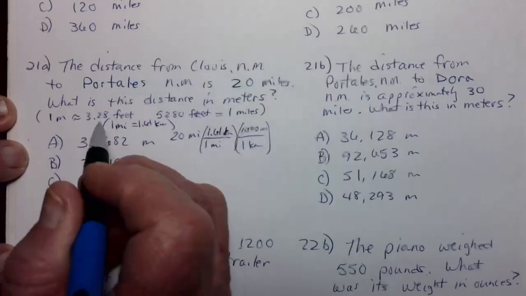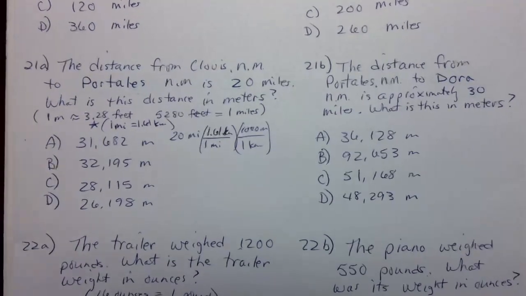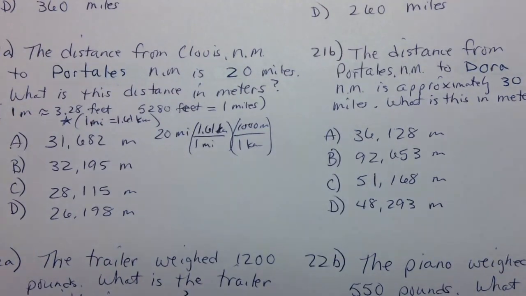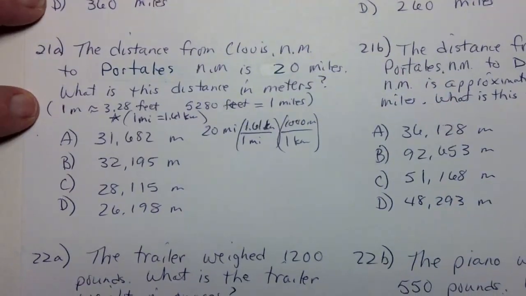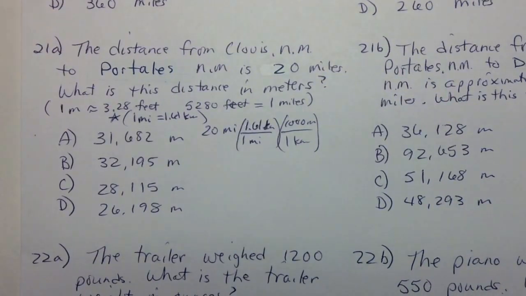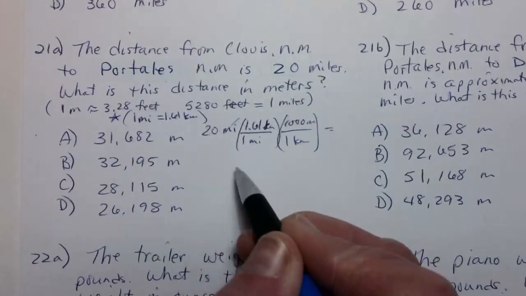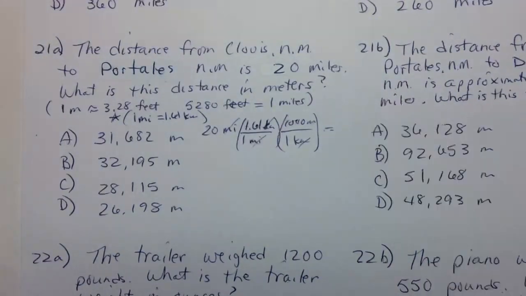You needed this one right here with the star beside it. Okay, let me see if I can make that a little bigger for you. There is another way to go about that with a whole bunch of these unit conversions, but we're going to do it with 2. Okay, so miles are gone, kilometers are gone, and we're in meters, which is what they wanted.